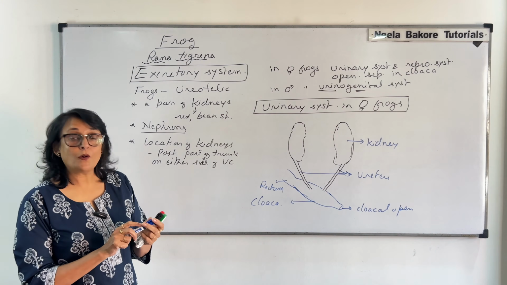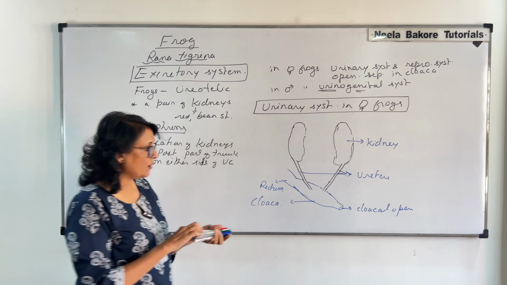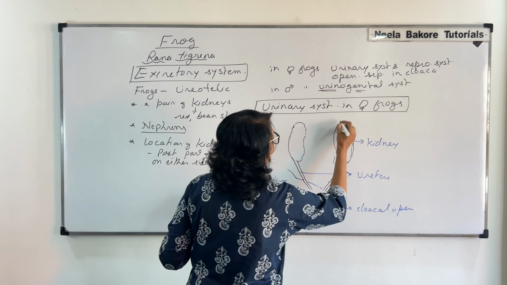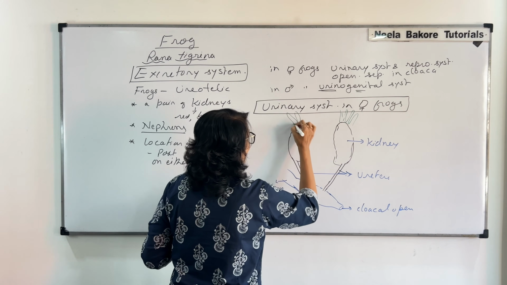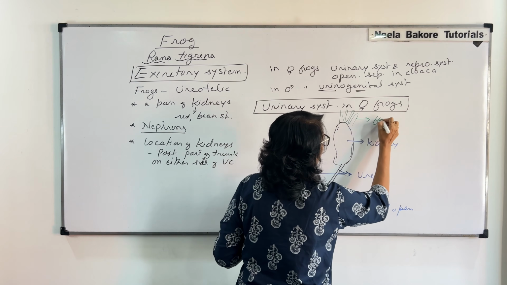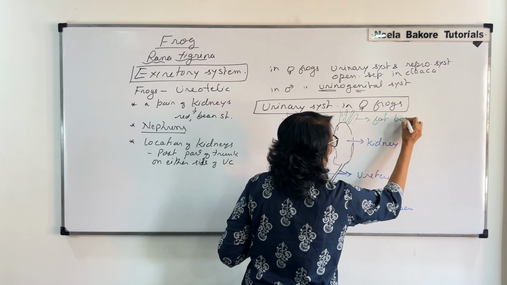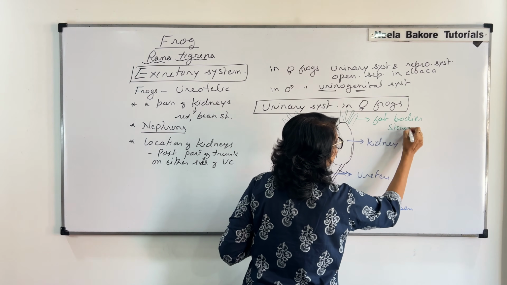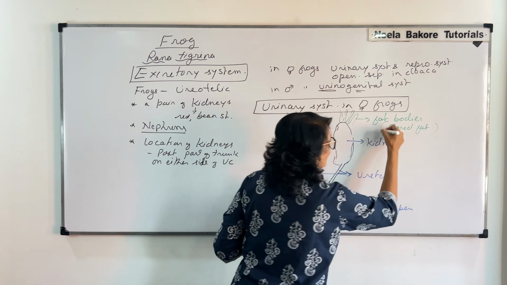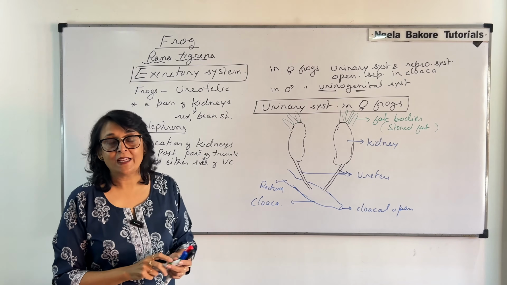Whenever we look at the diagram, we always find that here there are some finger-like structures attached to the kidney, and these are the fat bodies. This is basically stored fat. We have talked about hibernation and aestivation.